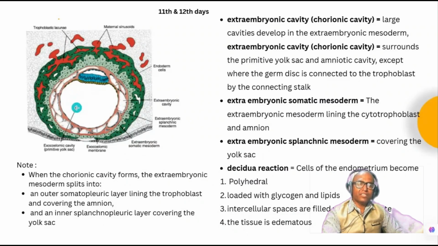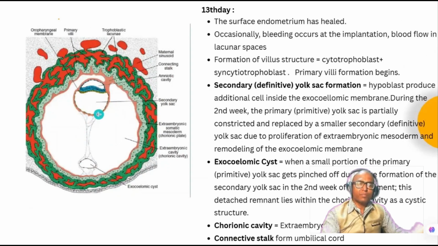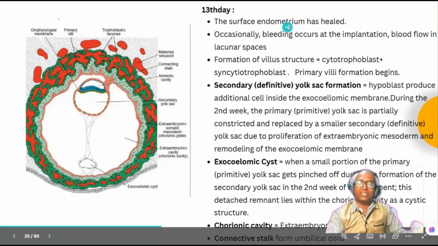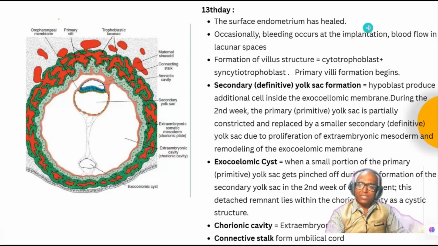By this time we have the primary yolk sac. After the chorionic cavity forms, a small part of the yolk sac gets pinched off and forms an exocoelomic cyst, and the remaining yolk sac is now labeled the secondary yolk sac. On the 13th day, the surface of the endometrium is healed.